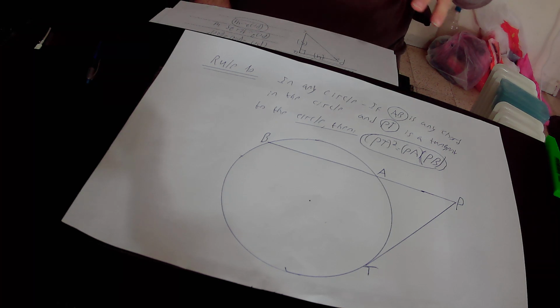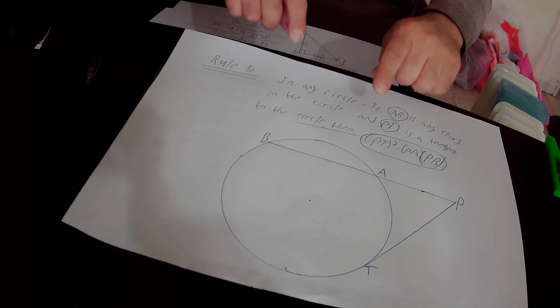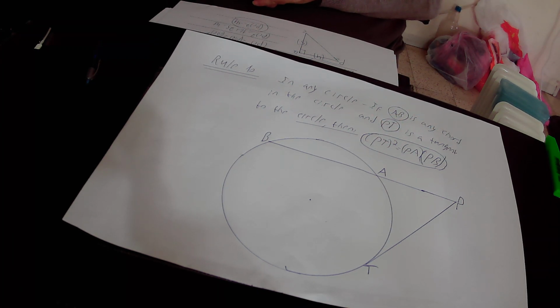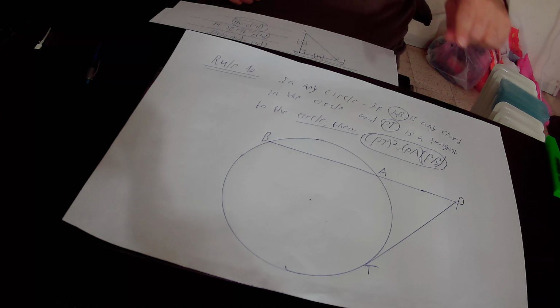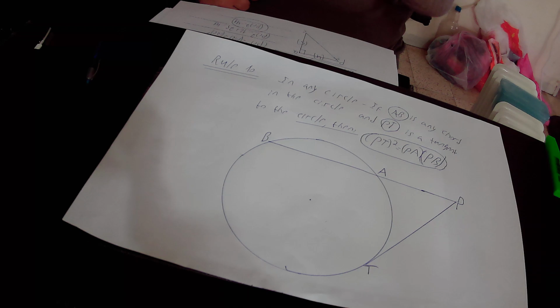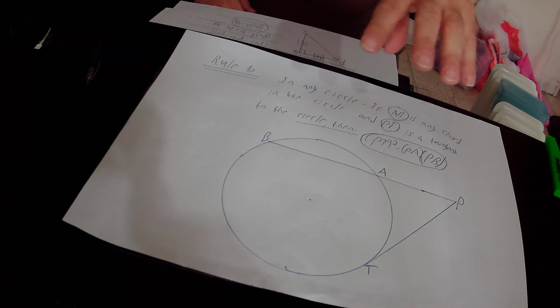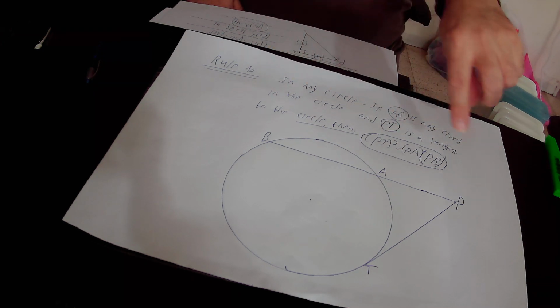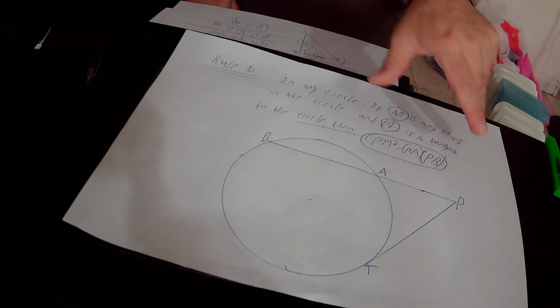Here, in this drawing, we have chord AB, that could be any chord, and from point P, we have tangent PT to this circle. So, according to rule number 10, the following equation is true: PT square equals PA times PB. Again, PT square equals PA times PB.